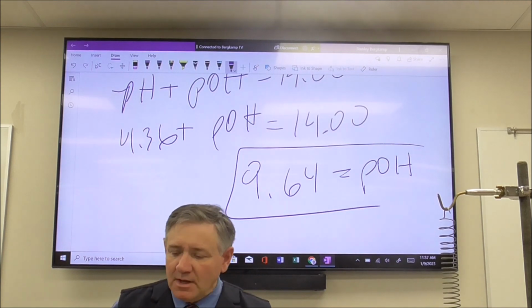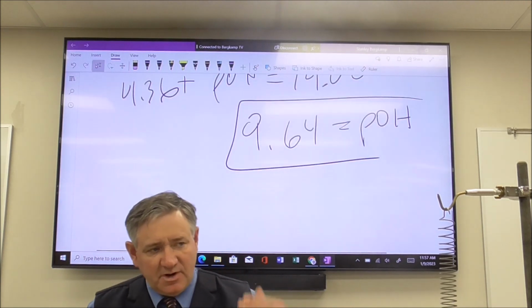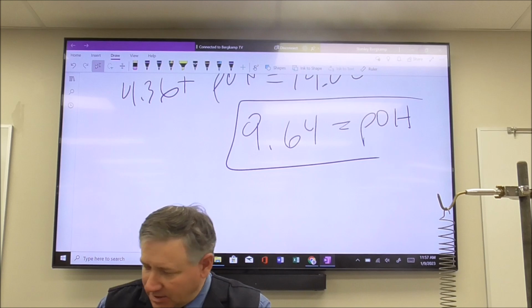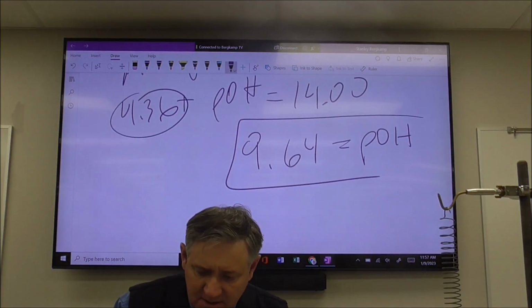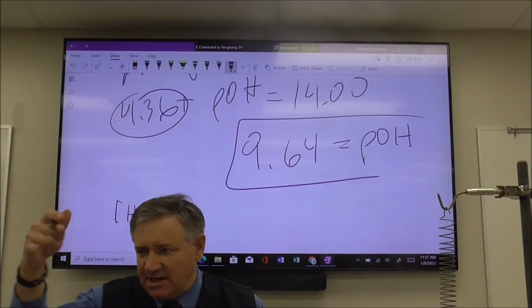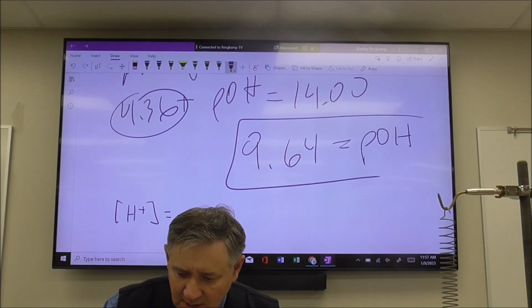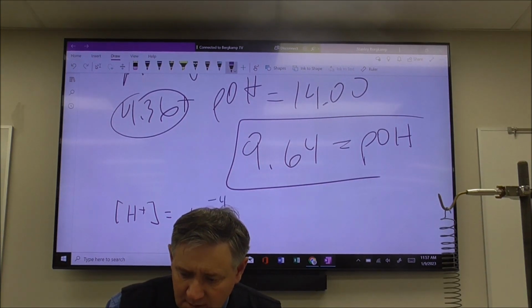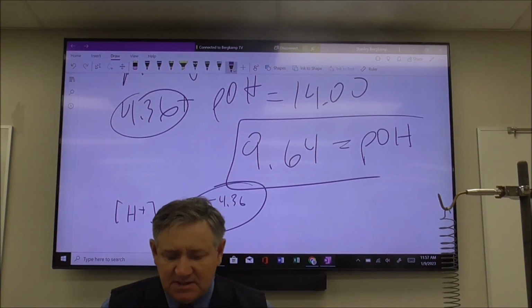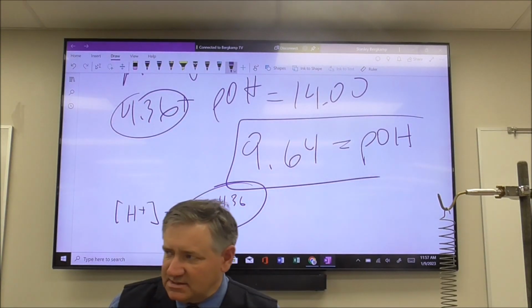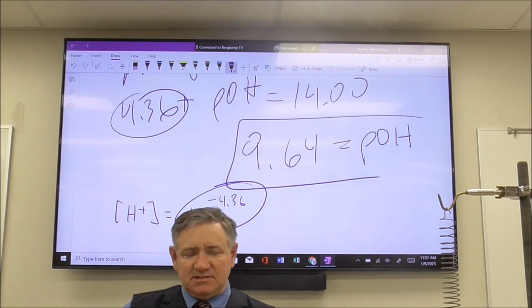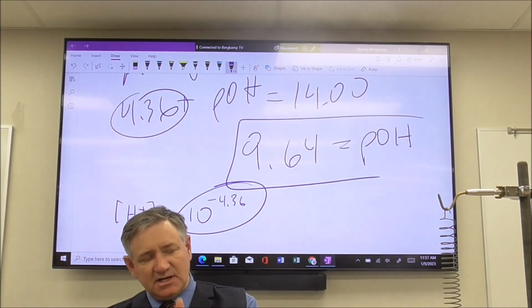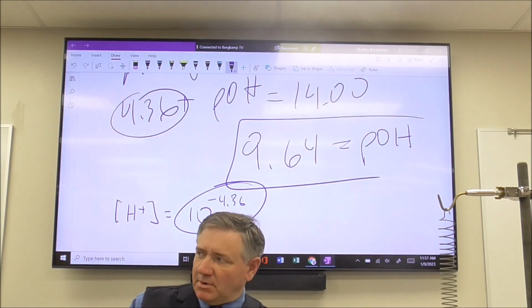Boom, there you go. So if I actually want to find the concentration of my hydronium ions, I know my pH is 4.36. To get my hydronium ion concentration, somebody can get out a calculator. I'm going to take 10 to the negative 4.36. Here's the significance of that negative sign. The reason we have to have that negative sign is that my hydronium ion and hydroxide ion concentrations are both very small numbers.